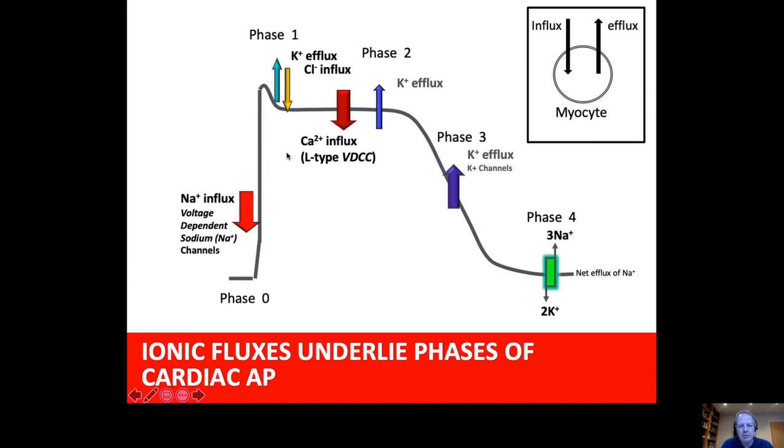It depends whether you're looking at it from, let's say, an electrophysiological point of view, where we'd call it a voltage dependent calcium channel or a voltage gated calcium channel. If we're talking about it from a biochemical point of view, some textbooks will call this a dihydropyridine receptor. Basically, dihydropyridines bind to these L-type calcium channels. So dihydropyridine and L-type, VDCC or VGCC, are synonymous terms. They all mean the same thing.